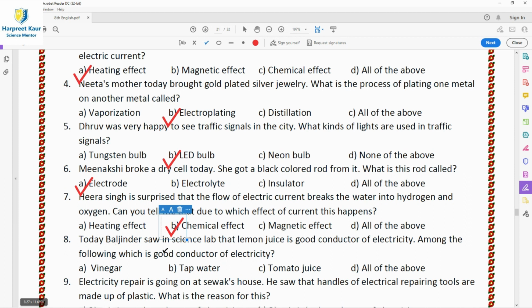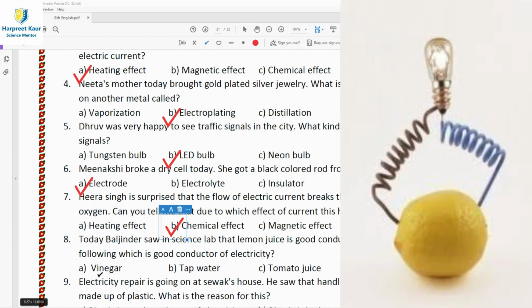Then moving to question 8. Today Baljinder saw in the science lab that lemon juice is a good conductor of electricity. Among the following, which is a good conductor of electricity? The options are vinegar, tap water, tomato juice, all of the above. Most of the liquids that conduct electricity are solutions of acids, bases, and salts. This is because these solutions contain charged particles, that is ions, which conduct electricity through them. Vinegar is an acid.